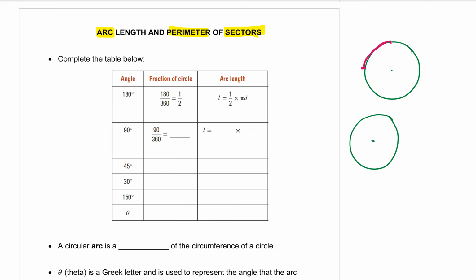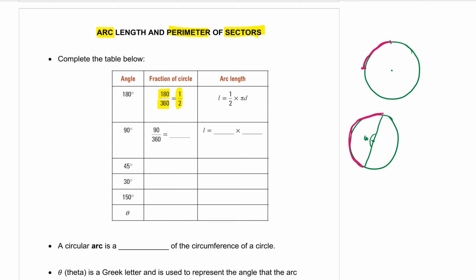I want to have the full 180 degrees, which would be like a straight angle in there, and I want this much here of my circumference. Now there is 360 degrees in a revolution as you go around that circle there. So what we do is we go, all right, if I have 180 degrees, I want to put that over 360 degrees, which tells me that I actually have half of a circle.